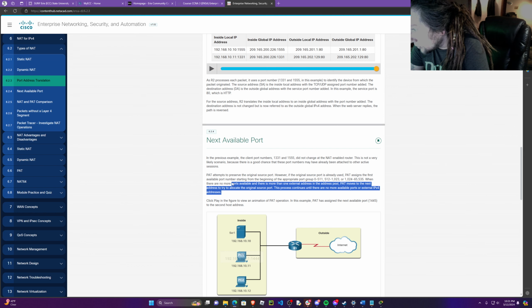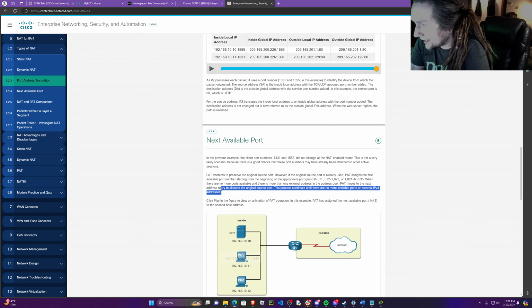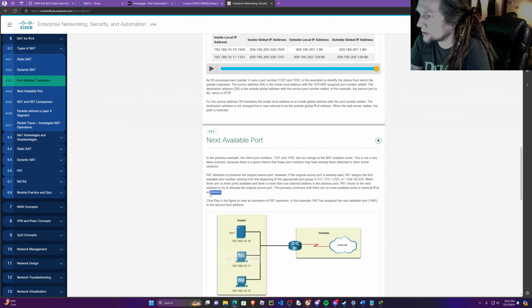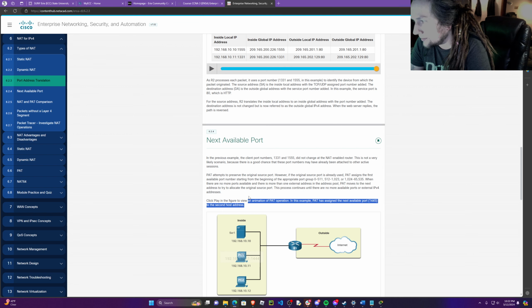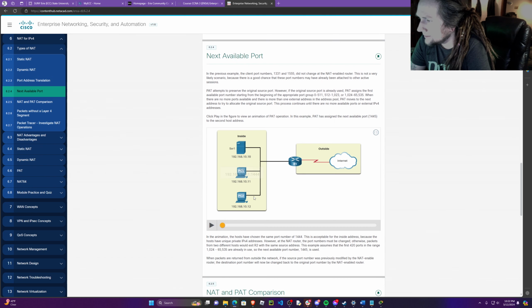When there are more ports available, and there's more than one external address in the pool, PAT moves to the next address to try to allocate the original source port. This process continues until there are no more available ports or external IPv4 addresses. Click play in the figure to view an animation of PAT operations. In this example, PAT has assigned the next available port, 1445, to the second host address.